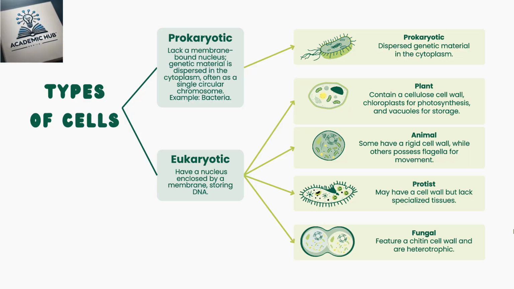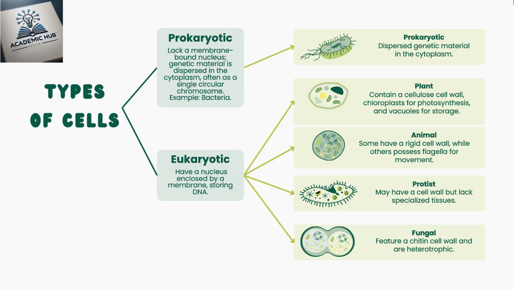These cells can be found in a wide range of organisms, including plants, animals, fungi, and protists, as I will show in the pictures. They are typically larger than prokaryotic cells, measuring between 10 to 100 micrometers in size.